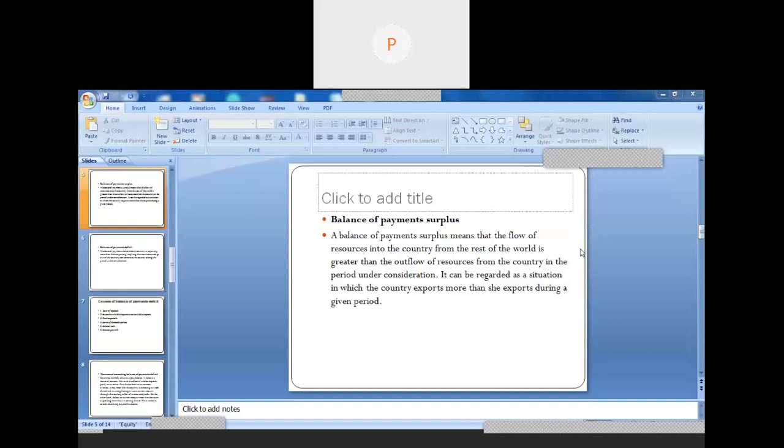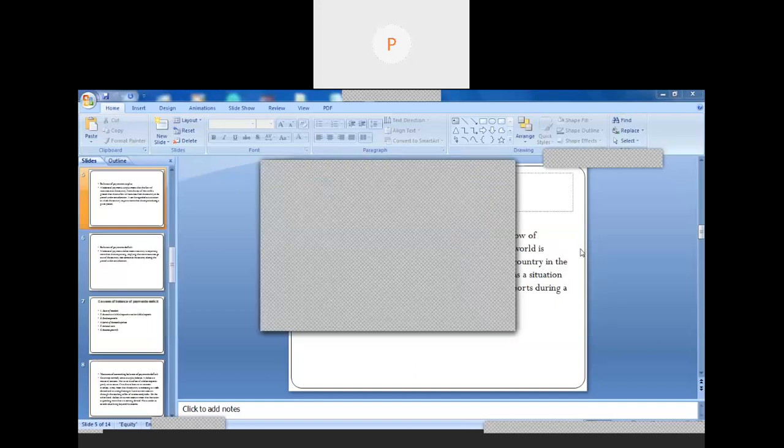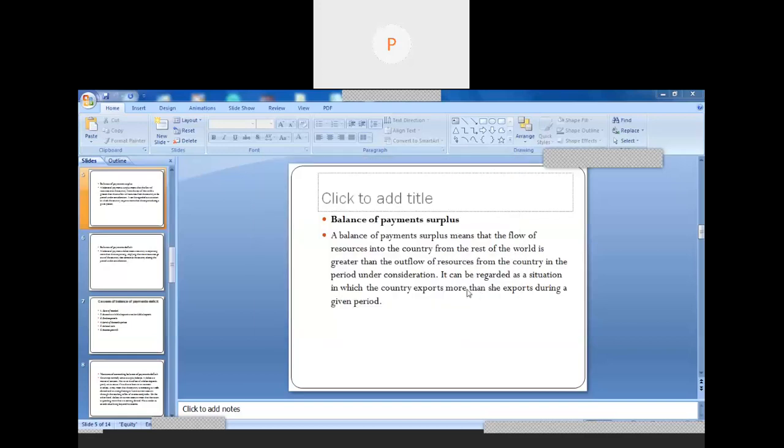The balance of payment is always considered over a period of time, and under that period we check whether the flow of resources into or out of the country is more or less. It can be regarded as a situation in which the country exports more than it imports during a given period.